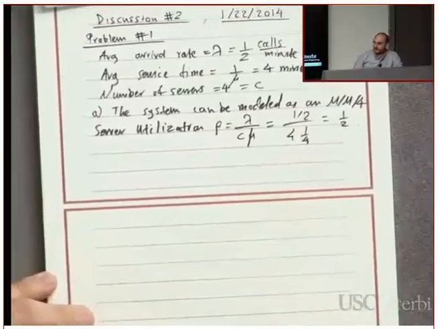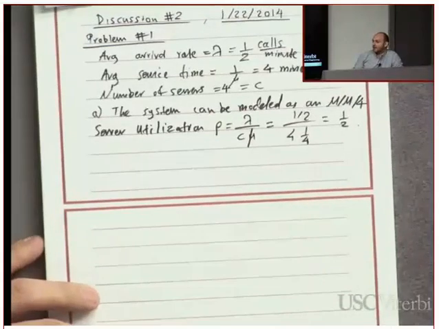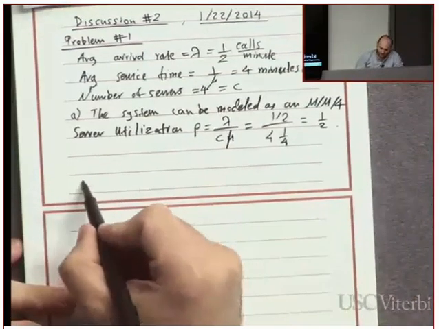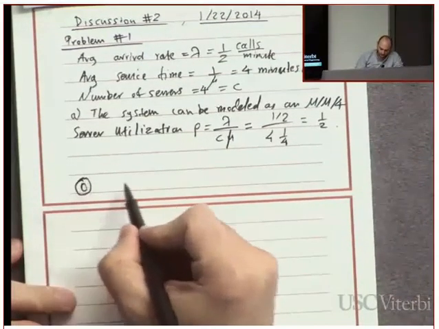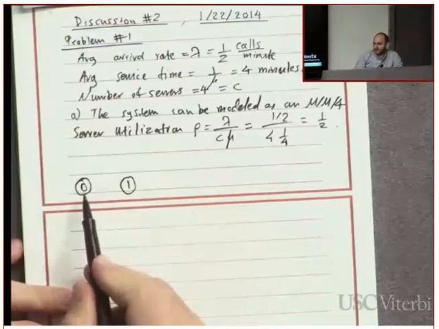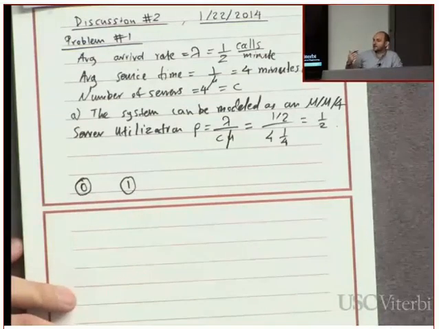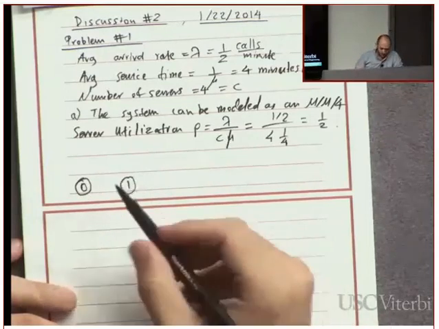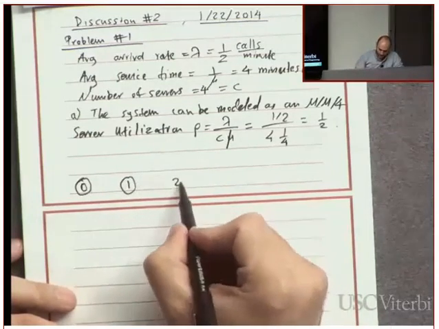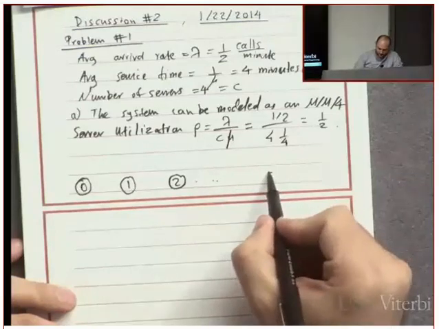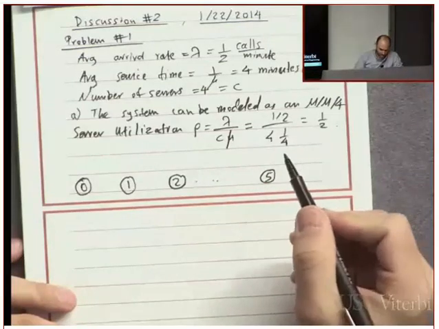Okay, so let's make a diagram. I think it's going to be much easier to understand what's happening in an MM4 system very quickly. In this continuous time Markov chain, the state represents the total number of packets in the system, right? So we have 0, 1, 2, till 5. Sorry, it's not till 5.